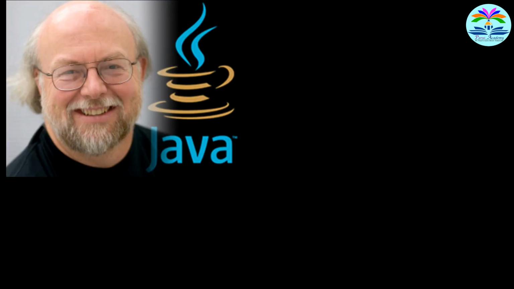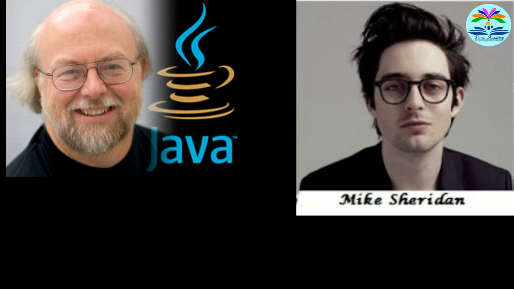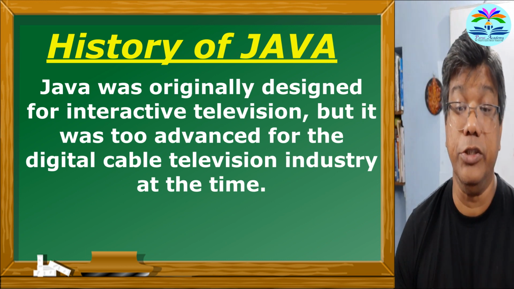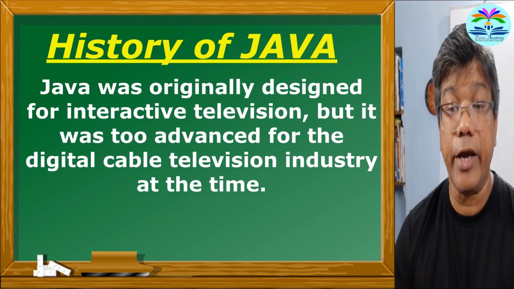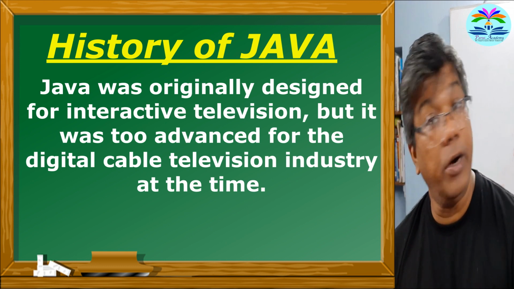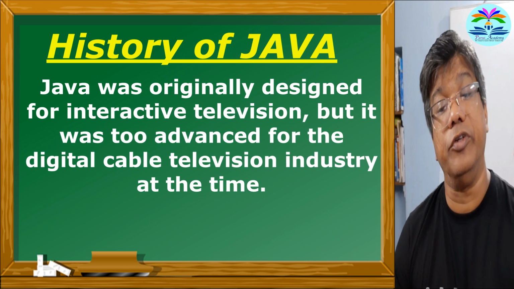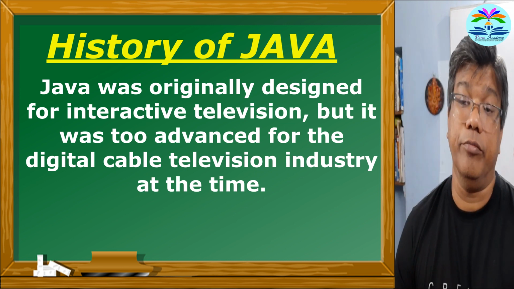Now I go to the history of Java. James Gosling, Mike Sheridan and Patrick Naughton initiated the Java language project in June 1991. Java was originally designed for interactive television, but it was too advanced for the digital cable television industry at that time.